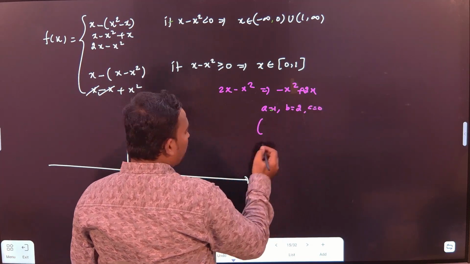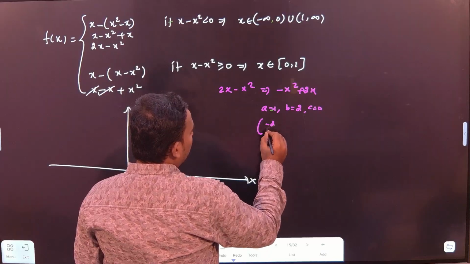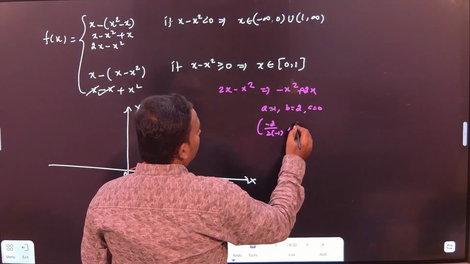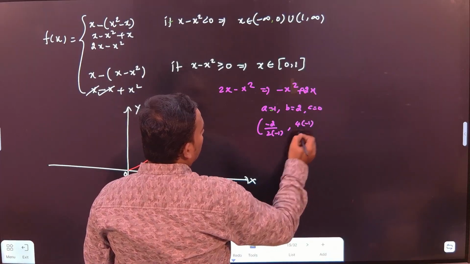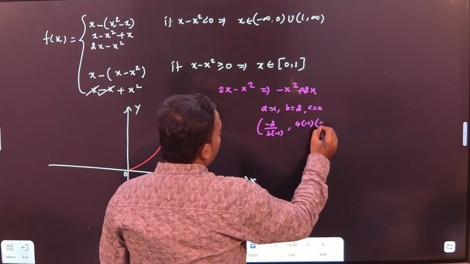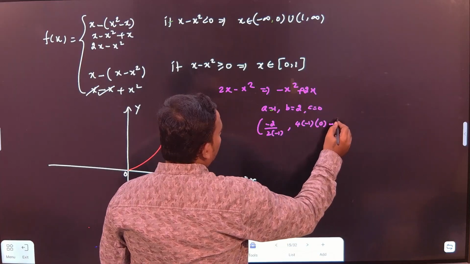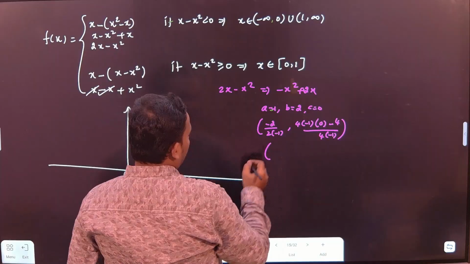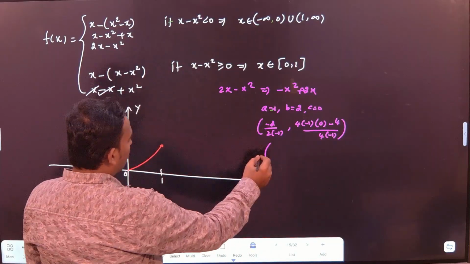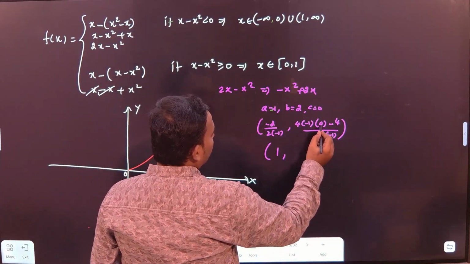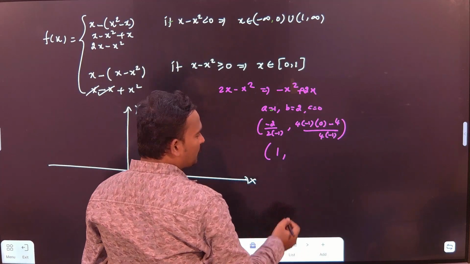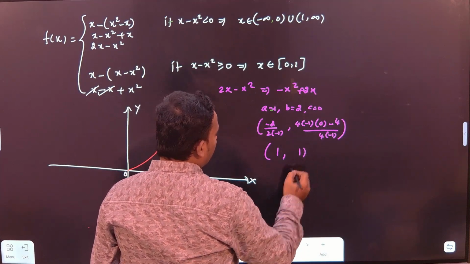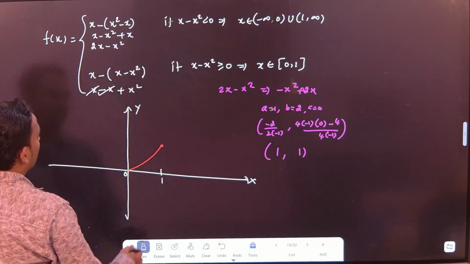Therefore minus B by 2A is minus 2 divided by 2 into minus 1, and (4AC minus B square) by 4A is 0 minus 4 divided by 4 into minus 1, which is minus 4 by minus 4, also 1, right? Minus minus cancel, 1. So 1 comma 1 is your vertex here.